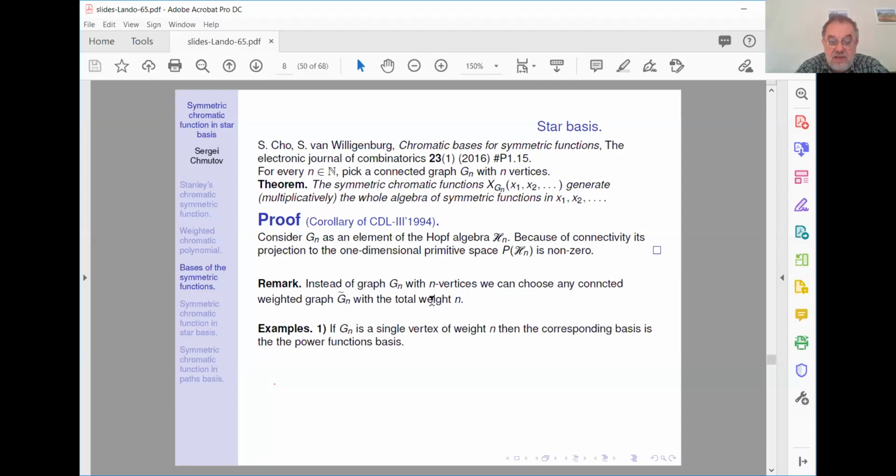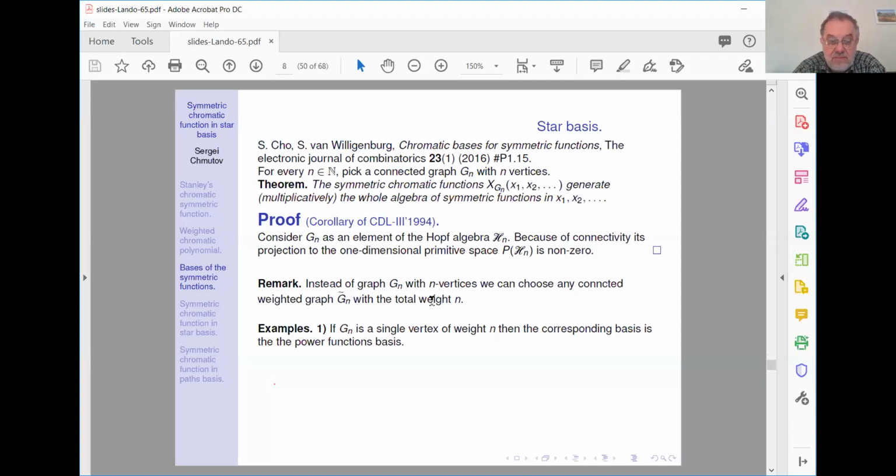In particular, if I choose one vertex of weight n for each n, that corresponds to our variables q in our weighted symmetric function. So that is going to be a basis, and that basis is the power symmetric functions.